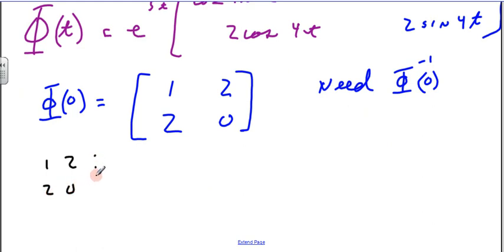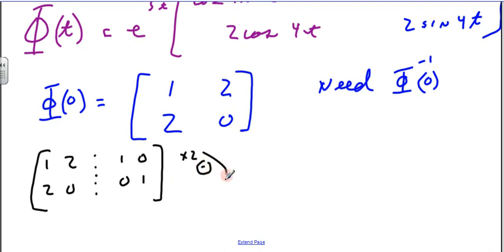Now your graphing calculator will do this for you. So if you can't do it my way, you can always do it that way. Okay, we're going to go times 2, and we're going to subtract the top one from the bottom one. 1, 2, 1, 0, 0, 4 times 2, it's going to be a minus 4.